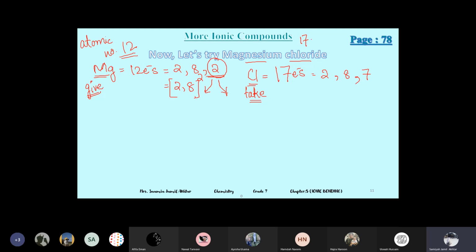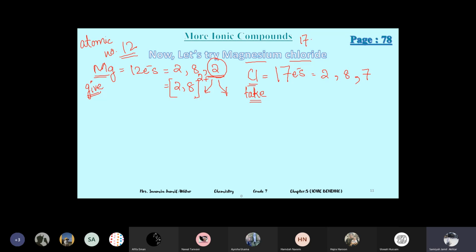So a 2 plus charge will come on magnesium. Previously, with lithium, it gave 1 electron, so a plus charge came on it. Now magnesium will give 2 electrons because it has 2 extra electrons in its outer shell, so 2 plus charge will come.